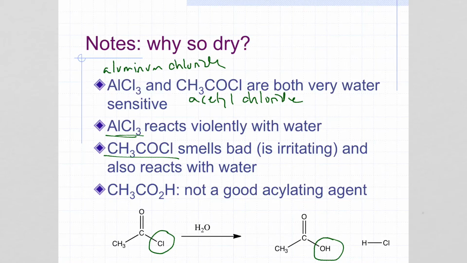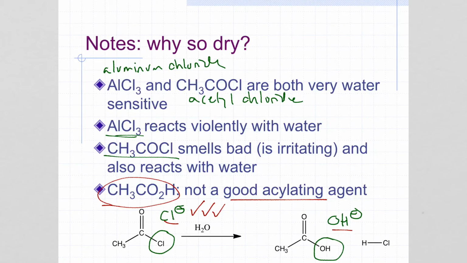In order to make the acylating agent, those groups would have to leave, as either chloride ion or hydroxide ion. Chloride ion is a much, much better leaving group than hydroxide ion, so that's why acetic acid is not a good acylating agent. So keep it away from water so that it will be very reactive.